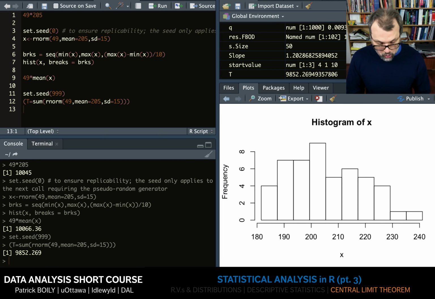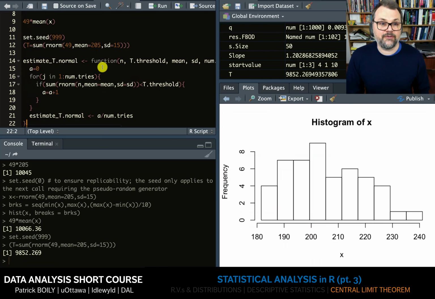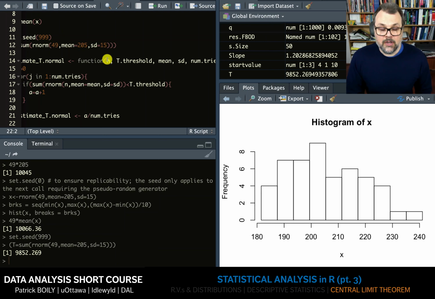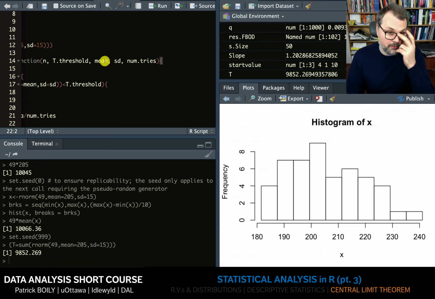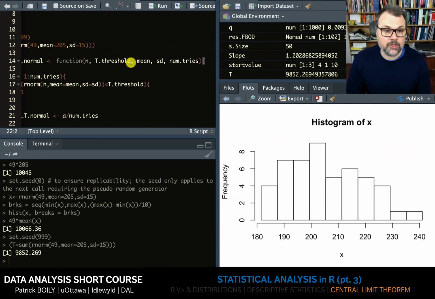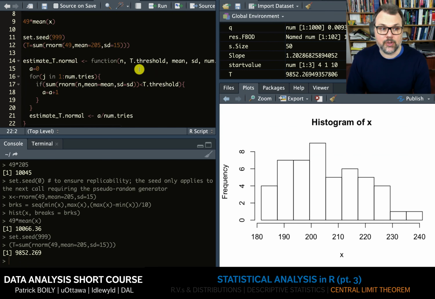Here is the code that will do so. It's a function that takes into account the sample size n, the threshold for the total that we need to be below, the mean value of your normal distribution, the standard deviation of the normal distribution for the weights of the boxes, and how many simulations you're willing to run.